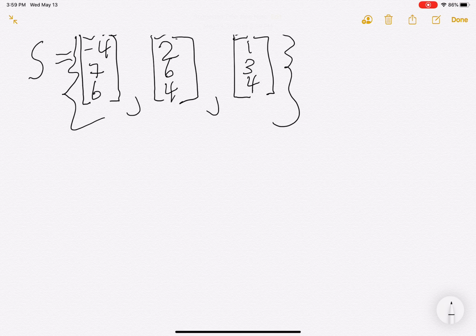And what we want to know is if the span, let's say this is V1, this is V2, this is V3. The span of vector 1, vector 2, vector 3, we can put an arrow above them to signalize that they're column vectors.